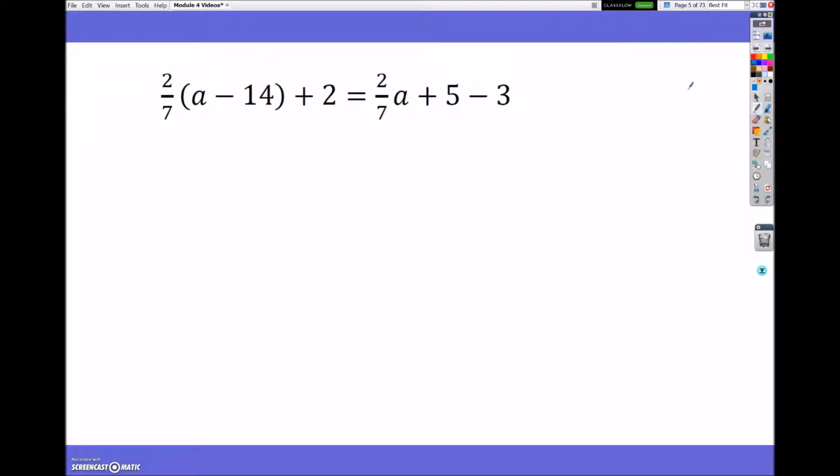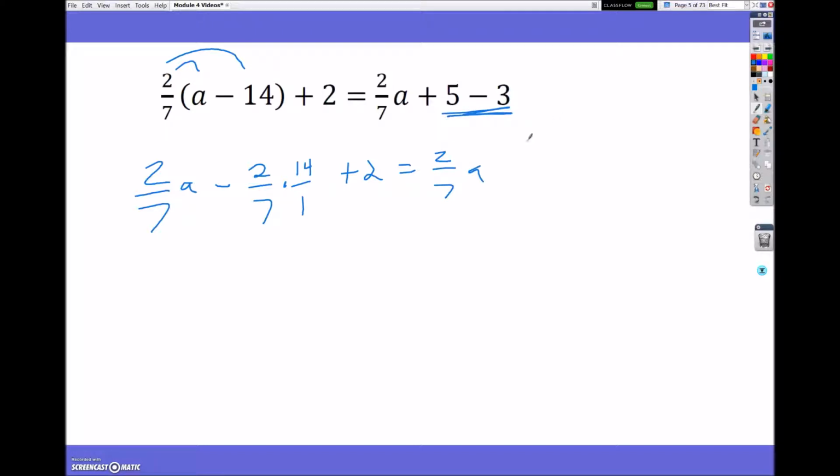First thing what I'm going to do is I'm going to simplify this by distributing this 2/7. This will give me 2 over 7a minus, I'm going to do 2 over 7 times 14 over 1. Plus 2 is equal to 2 over 7a. I'm going to combine 5 minus 3, which will be positive 2.